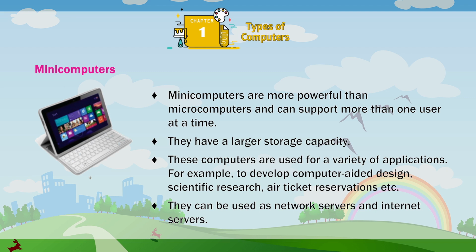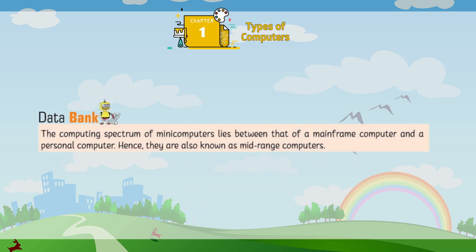For example, to develop computer-aided design, scientific research, air ticket reservations, etc. They can be used as network servers and internet servers. The computing spectrum of mini computers lies between that of a mainframe computer and a personal computer. Hence, they are also known as mid-range computers.